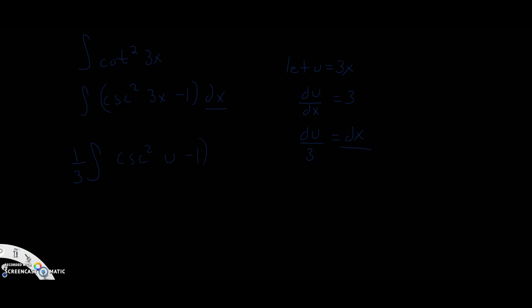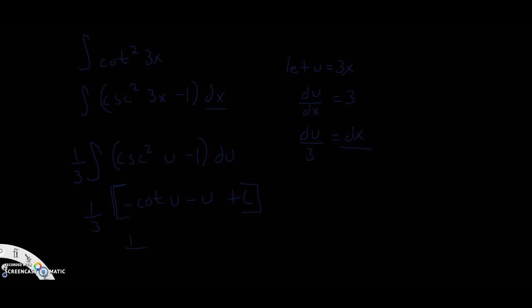U minus 1 du. So now the antiderivative of cosecant squared is going to be, this is now going to be negative cotangent of u minus u plus c, and this is all times the third. So let me put a bracket.